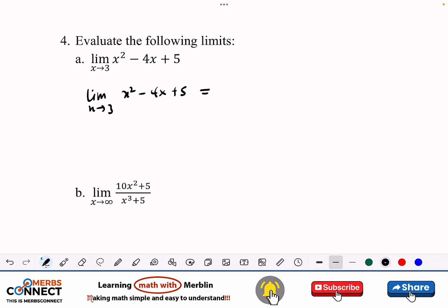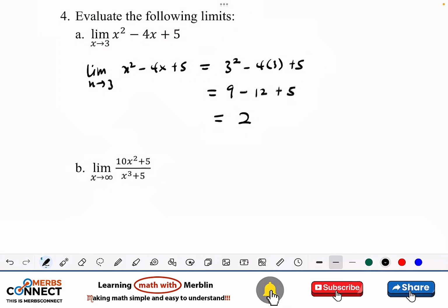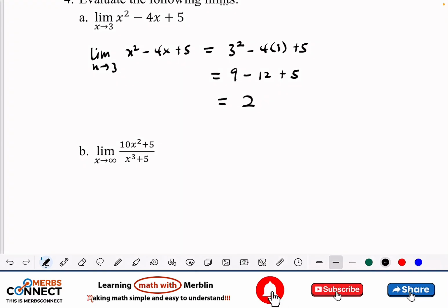This is going to be 3 squared minus 4 times 3 plus 5. And this is going to be 9 minus 12 plus 5. And 5 plus 9 is 14. And we're supposed to get 2, I think. Yeah, so this one should be 2. So we don't have an issue there.